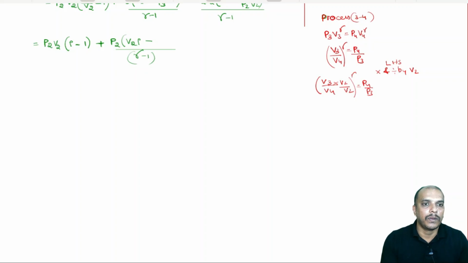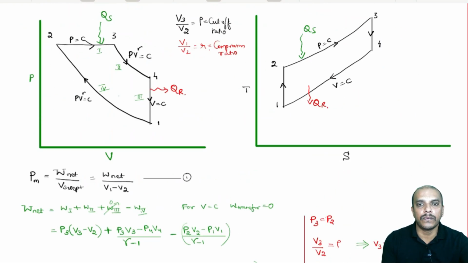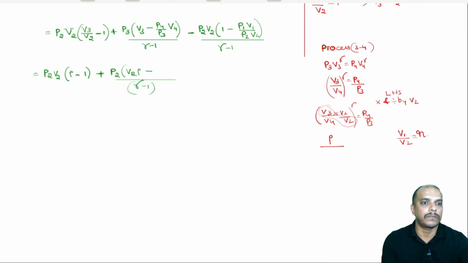Now, what do we have? V3 by V2 is cutoff ratio rho. And what is V2 by V4? Remember, V1 by V2 is R. And V1 is equal to V4 here, because of constant volume.